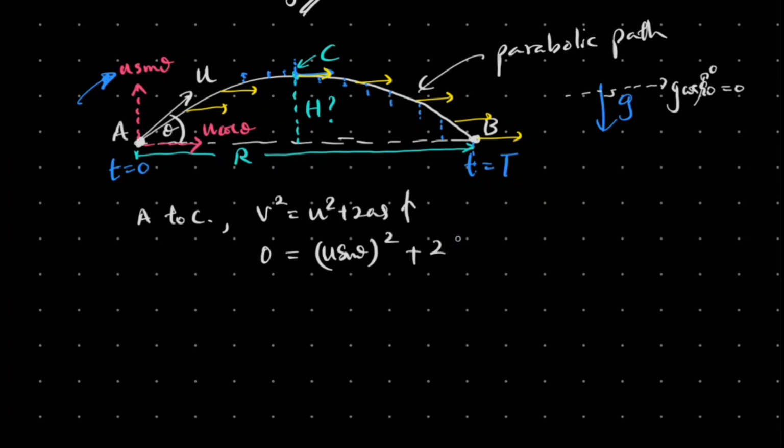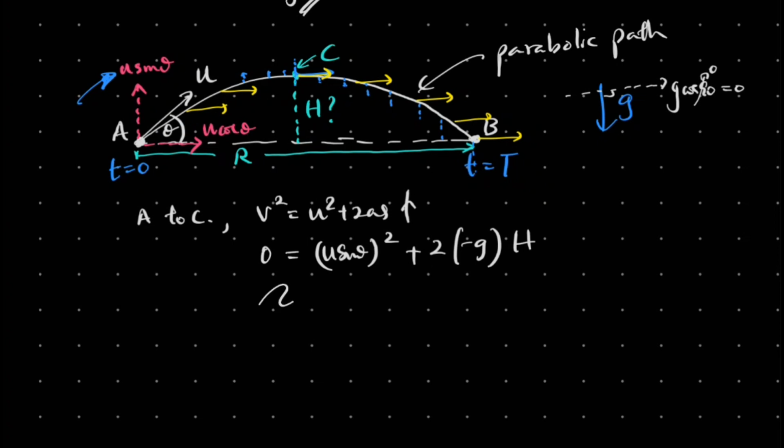Acceleration upward is minus g, and the upward displacement going from A to C is going to be h. If you just consider the motion from A to C, the displacement is this much, but we are considering upward, so we need the vertical component of it, which is exactly going to be h.